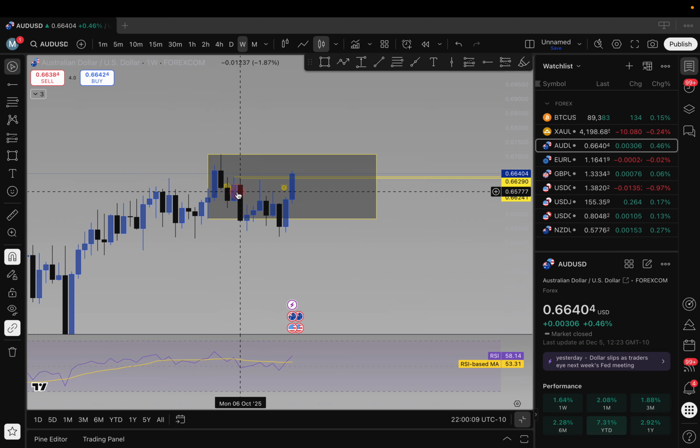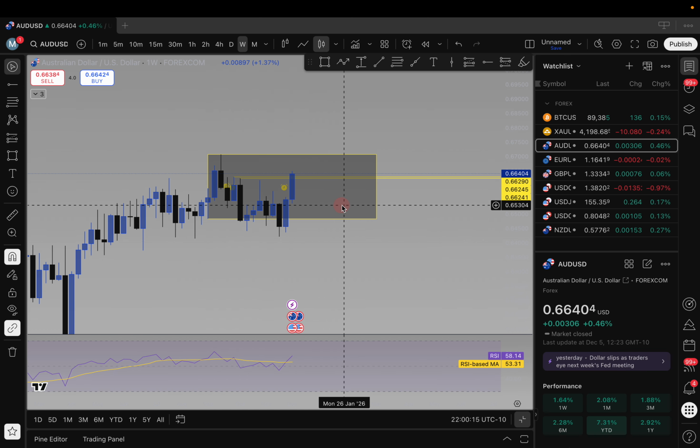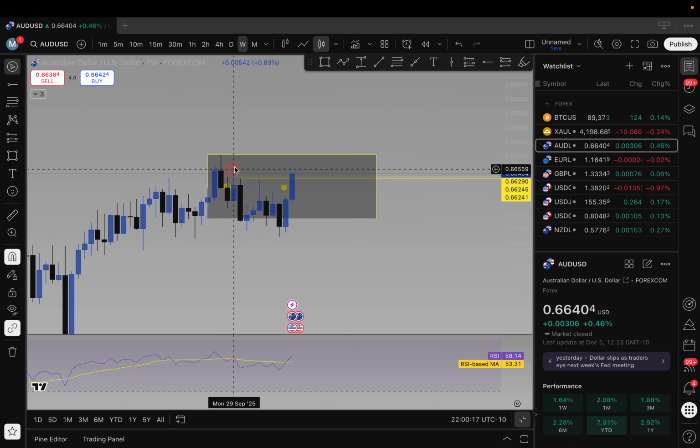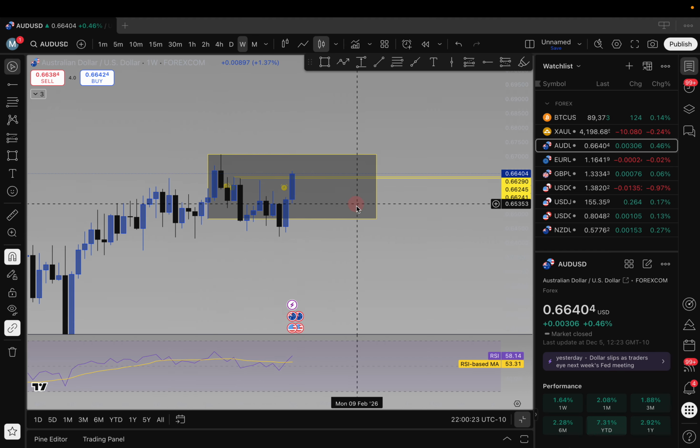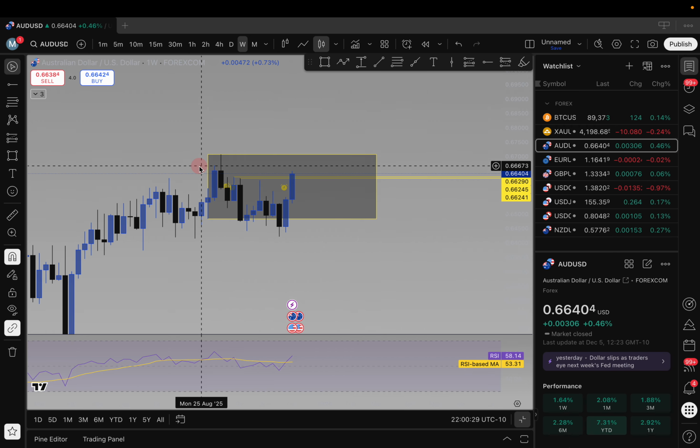The weekly, right? Over here we was bullish. We'll only be looking for bullish areas to be trading off on AUD USD.